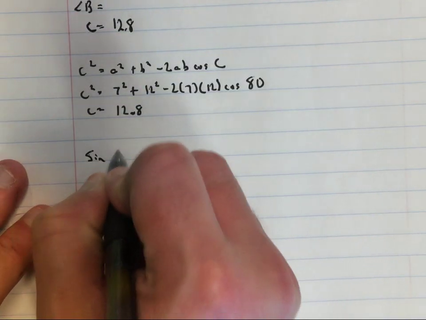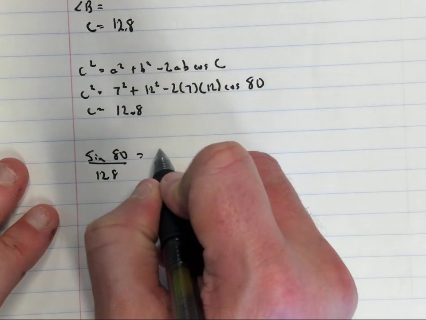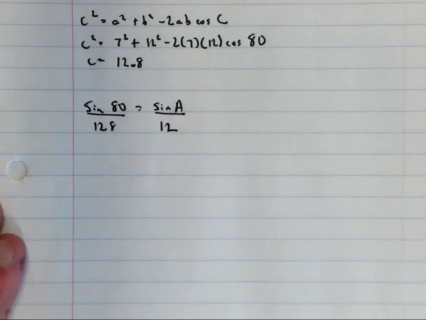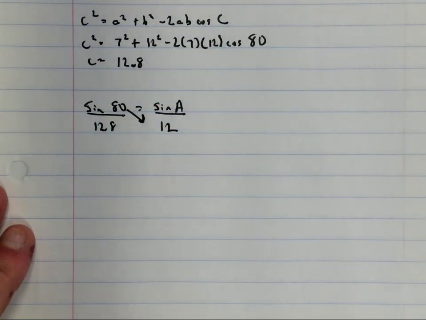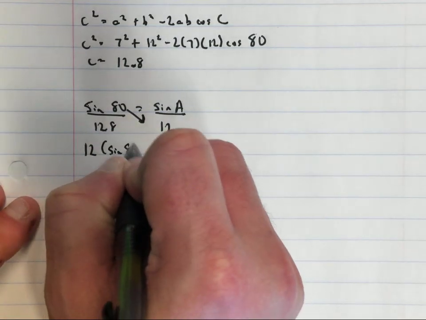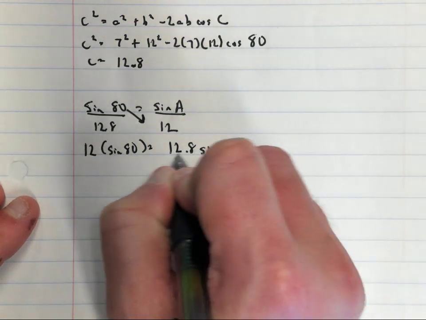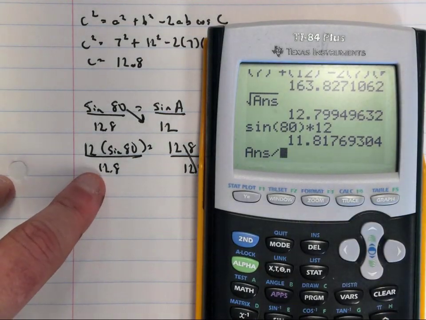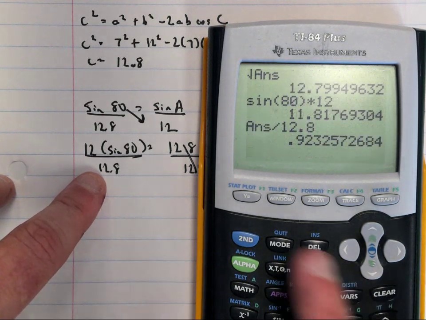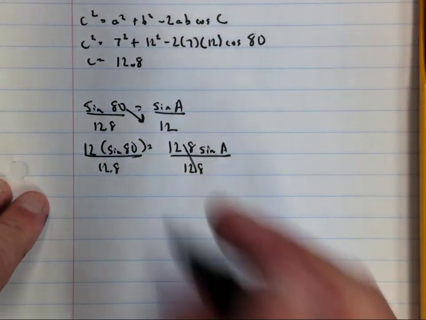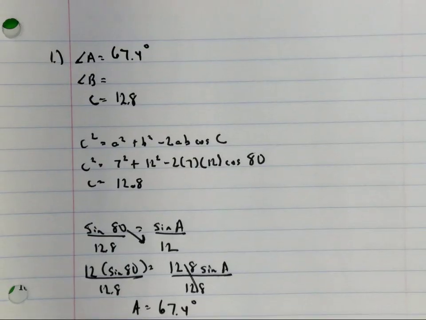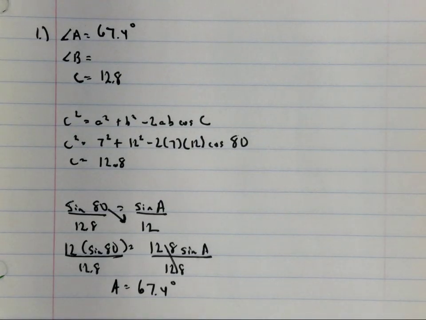So that's going to be sine of 80 over 12.8. I'm going to go for finding angle A. Sine of A equals side A is 12. A equals 67.4 degrees. Well, now that I know my A and I know my C, I can add those up and subtract it from 180.